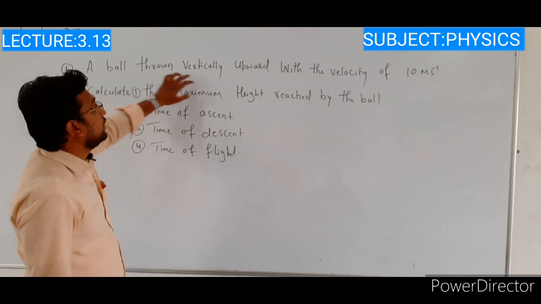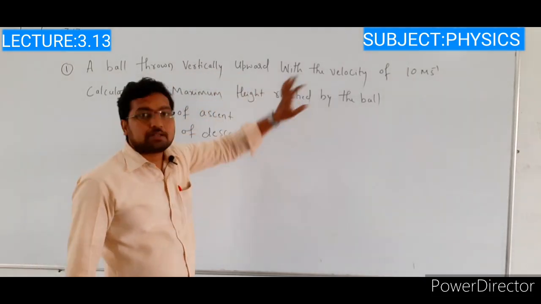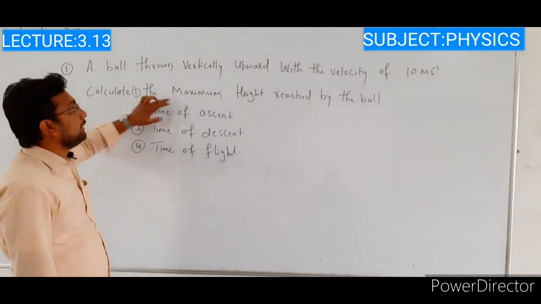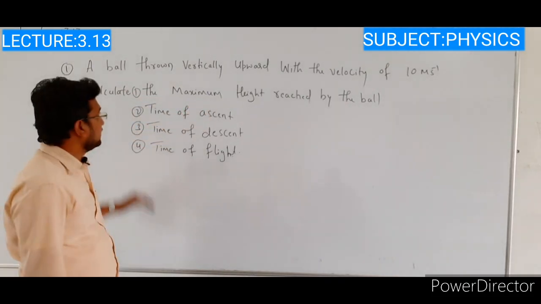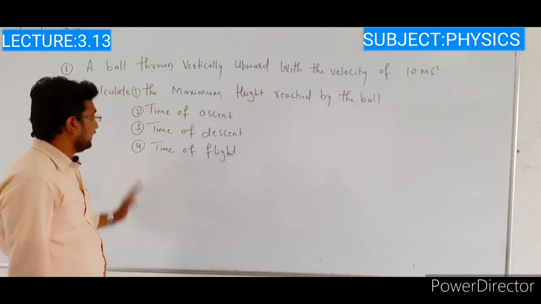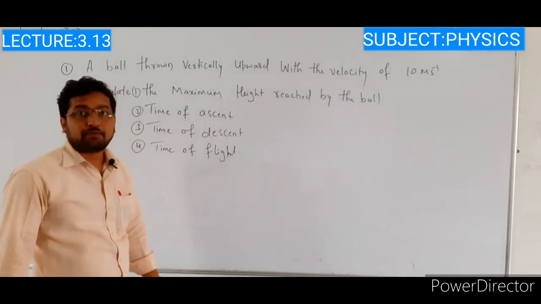A ball is thrown vertically upward with a velocity of 10 meter per second. Calculate the maximum height reached by the ball. Second one, time of ascent. Third one, time of descent. And the last one is time of flight, right?